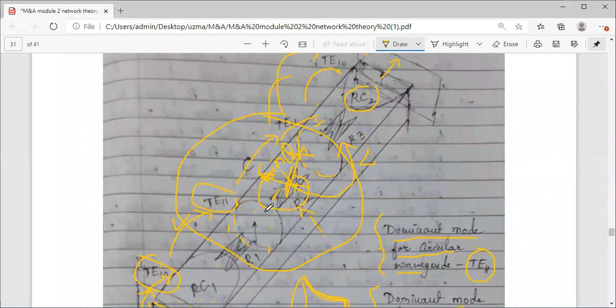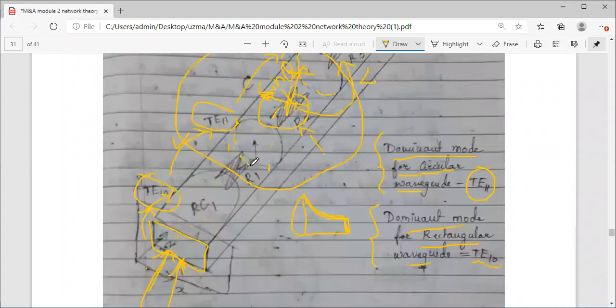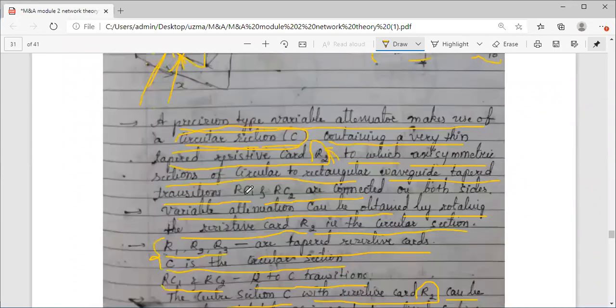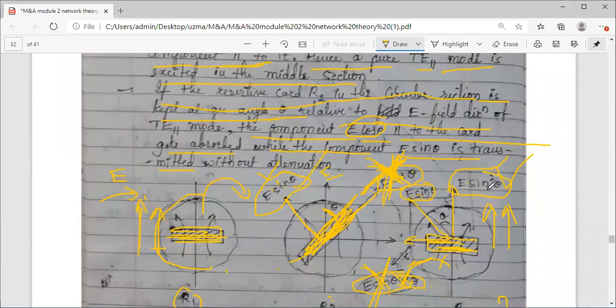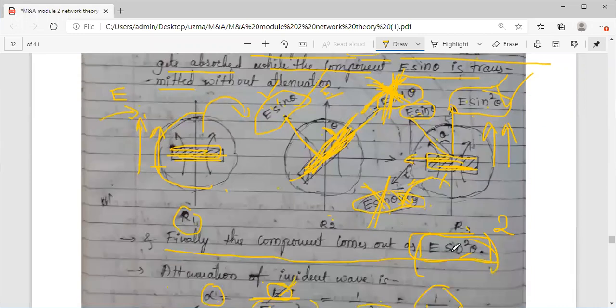If you go through a Google search, you will come across the same figure, but whatever we have talked about here in terms of sin square, there you will find in terms of cos square. There the E sin theta component is absorbed and E cos theta is transmitted, so finally what you get is E cos square theta.